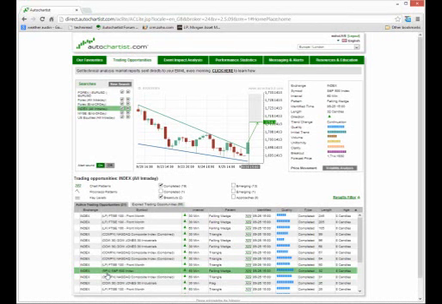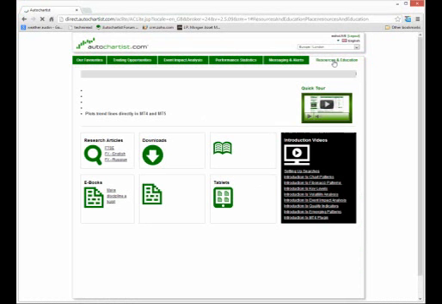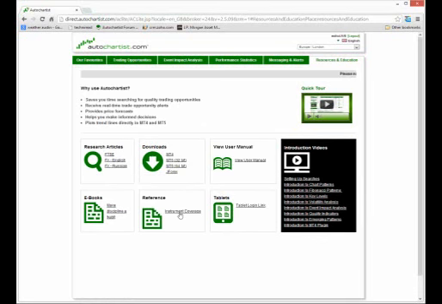If you're looking to find information about the market coverage of the version of Autochartist you're using, you can click on the Resources and Education section, and click on the instrument coverage link.